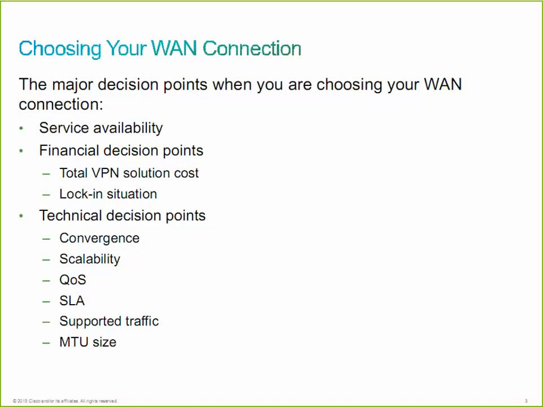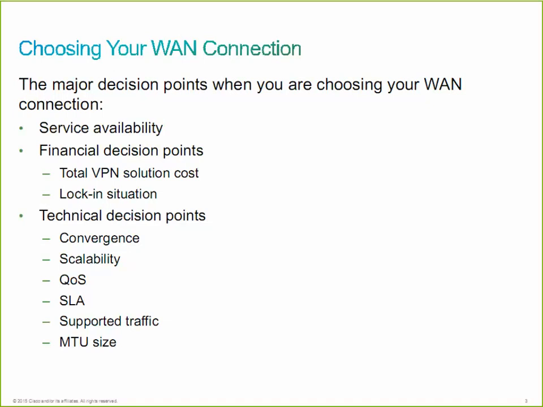But the financial aspect is a very important component when you're choosing your WAN connection, right? You want to compare the cost of the services, the cost of equipment, the cost of maintenance and operation, and also the cost of training, right? Training your individuals or your staff in choosing the right or being able to support the right WAN technology, all right? The other important aspect is what we call the long-term lock-in value, or not value, but contract, right?